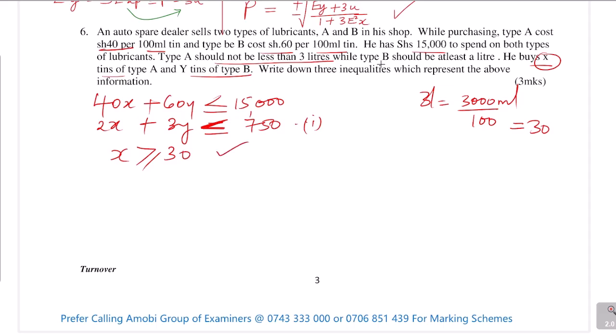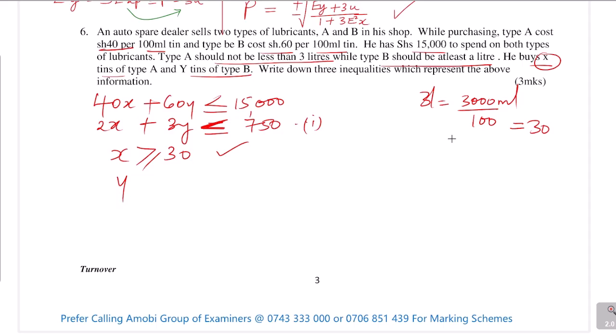Then the other one, type B should be at least a liter. Type B tins are represented by y. So y should be at least a liter. At least means greater than or equal to a liter.